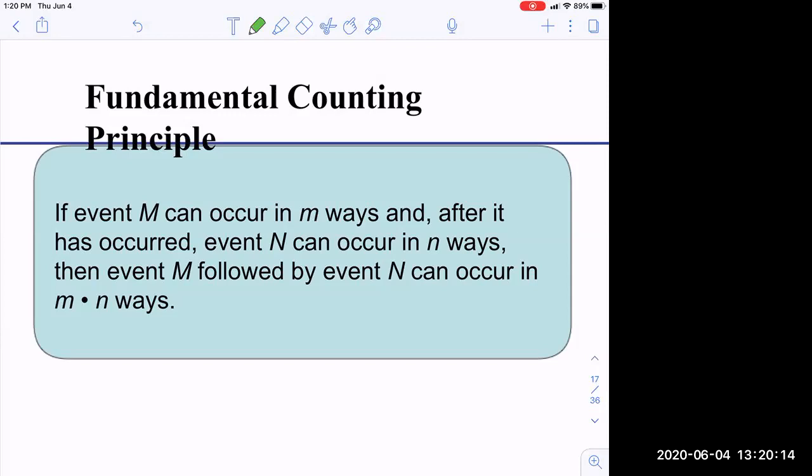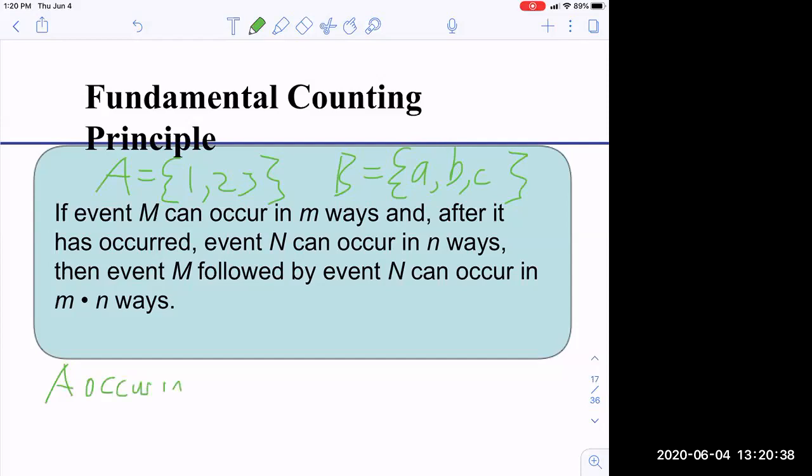Now, an event, M. So remember, A, I think, was 1, 2, and 3. And B was A, B, and C. Well, there are 3 elements in A. So A can occur in 3 ways.